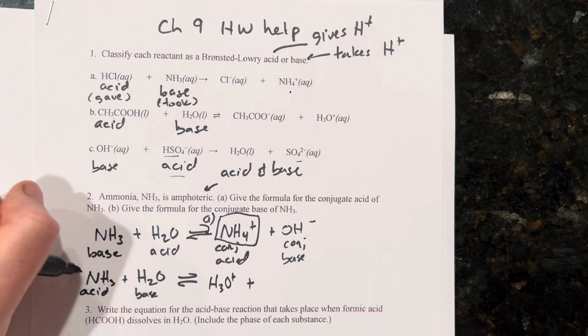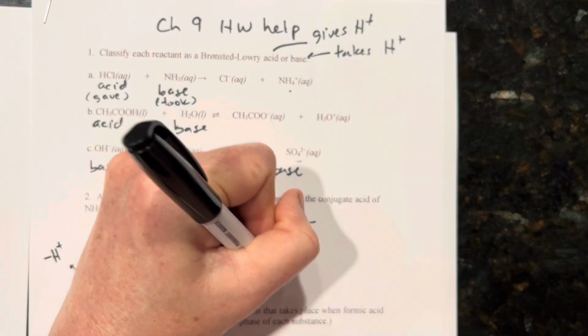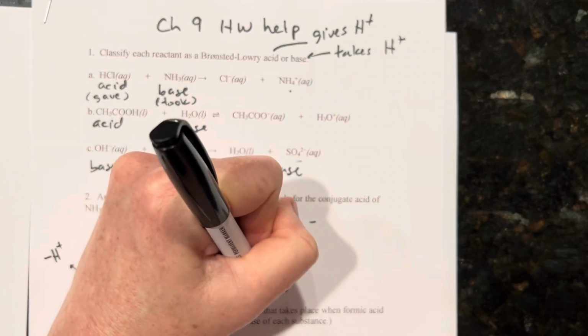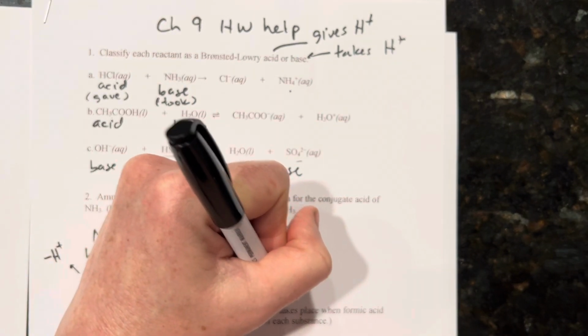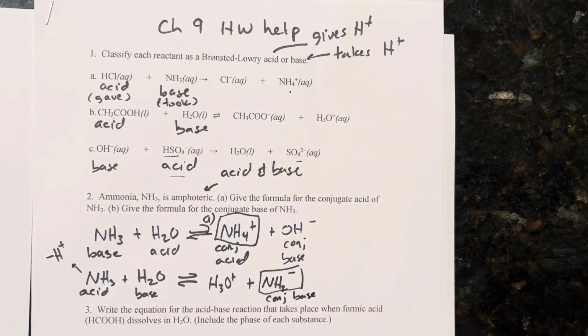So this thing lost an H+. So it lost a hydrogen and you lost the positive charge. So what you would have left is NH2 with a negative charge. And this would be the conjugate base. So if you went backwards, this would act as a base and this one would act as an acid.